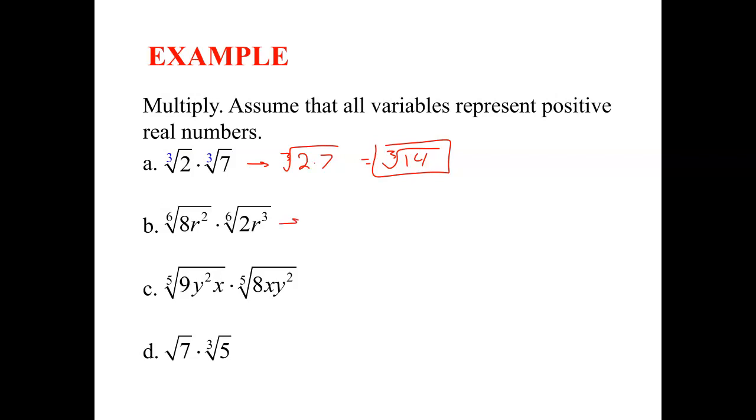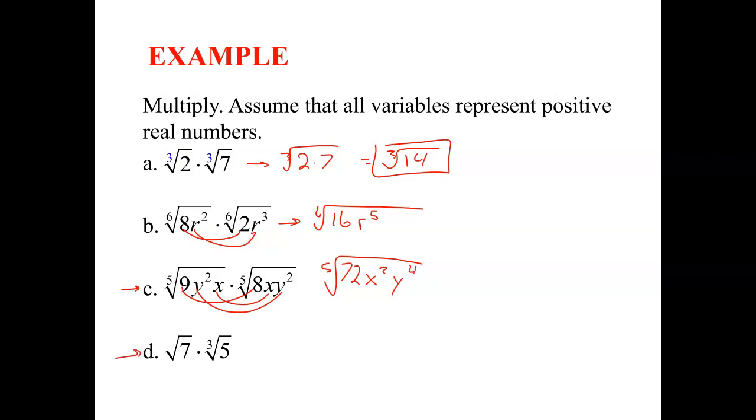B, do I have the same index? Yeah, so I can combine it as 6th root. 8 times 2 is what? 16. And then r squared times r to the third, r to the fifth. Same index? Yep, so combine it. 5th root. 9 times 8. x times x. y squared times y squared.